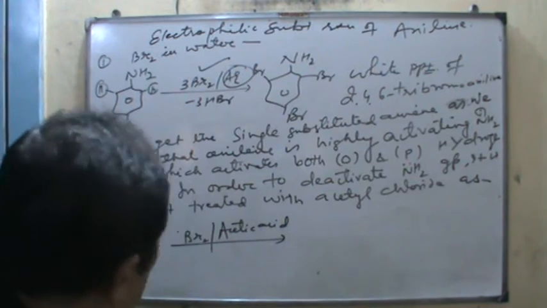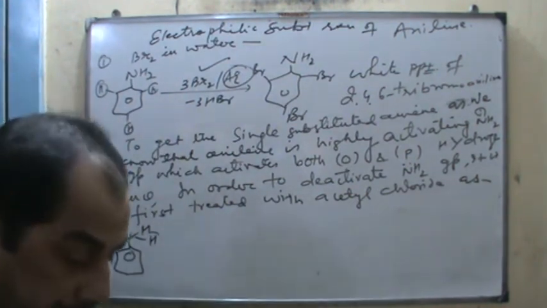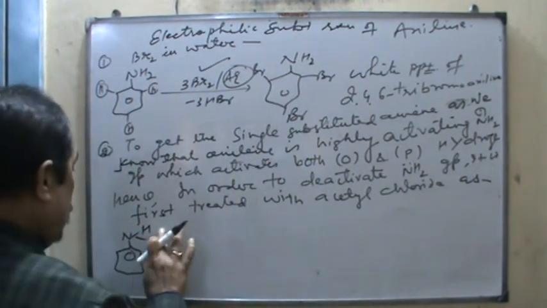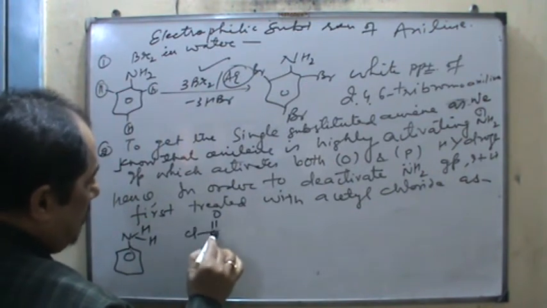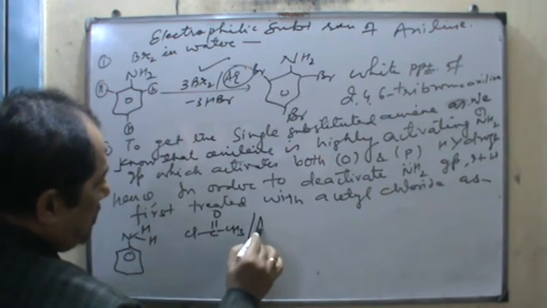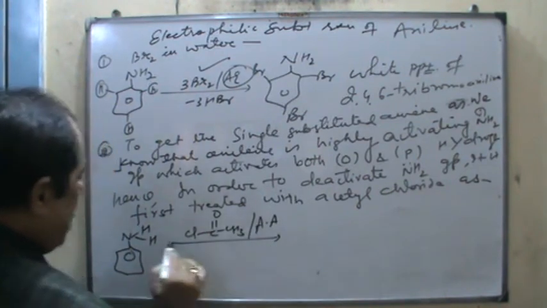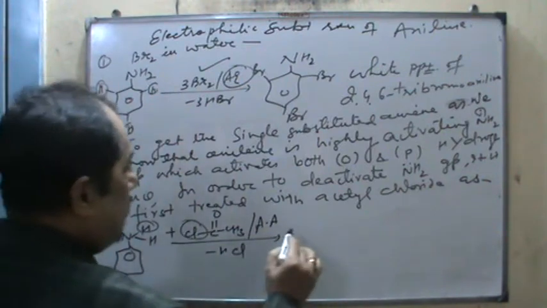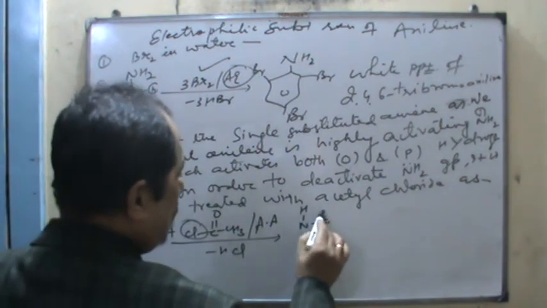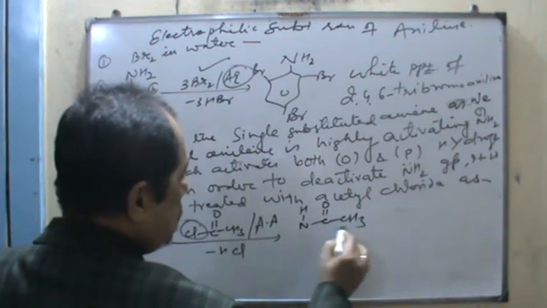First we have to go for acylation. Cl, C double bond O, CH3 in presence of acetic acid. This H and this Cl are lost here. HCl, NH, C double bond O, CH3.